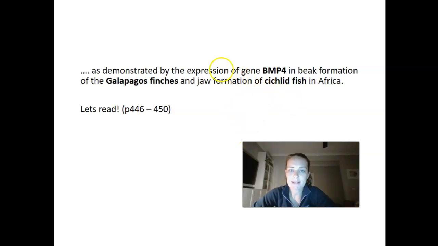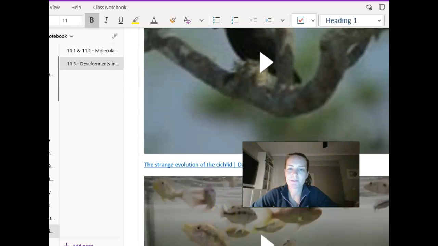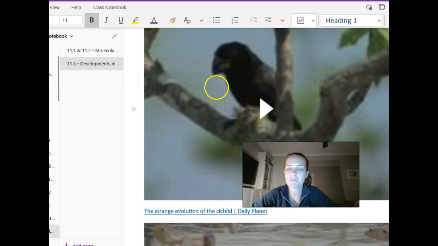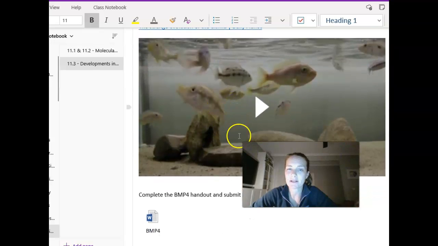And it is the best explanation as to why we have seen some genetic phenomena happen in two examples, the examples of the Galapagos finches and the cichlid fish. So here's where you want to have a look at the videos explaining what the physical differences are between the finch and the cichlid fish.